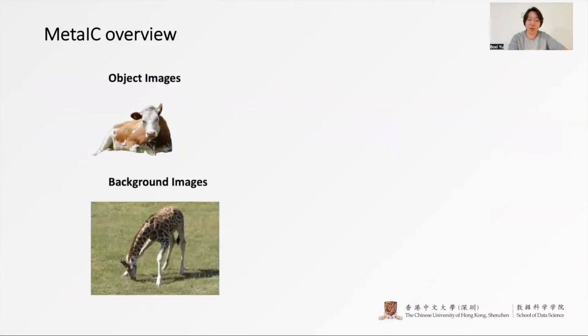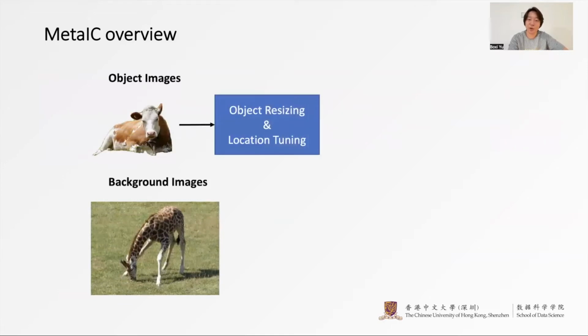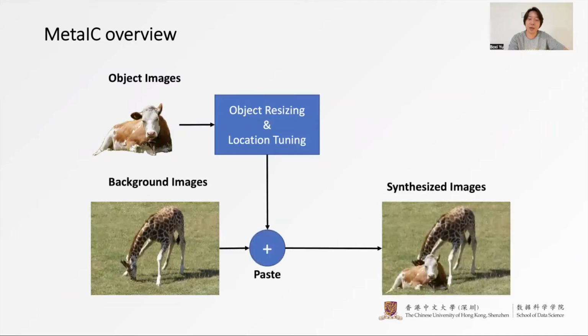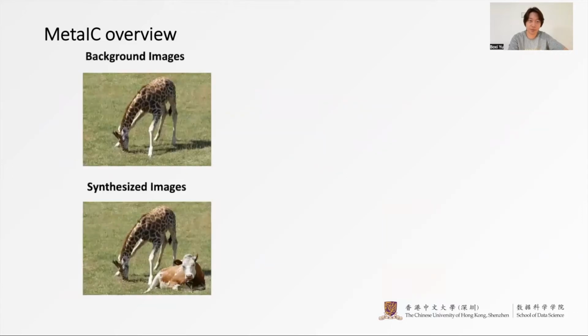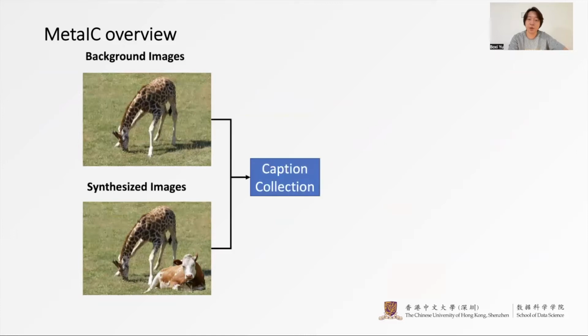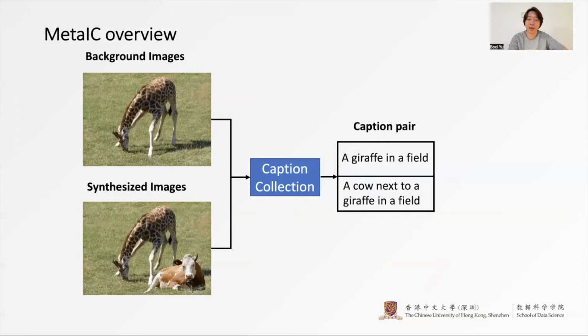After we get the object images and the background images, we do the object resizing and location tuning of the object images. And then we paste the object images on the background images to generate the synthesized images. The background image and the synthesized image construct a pair. We then collect the captions of the pair and get the caption pair. The caption pair is used for error detection.